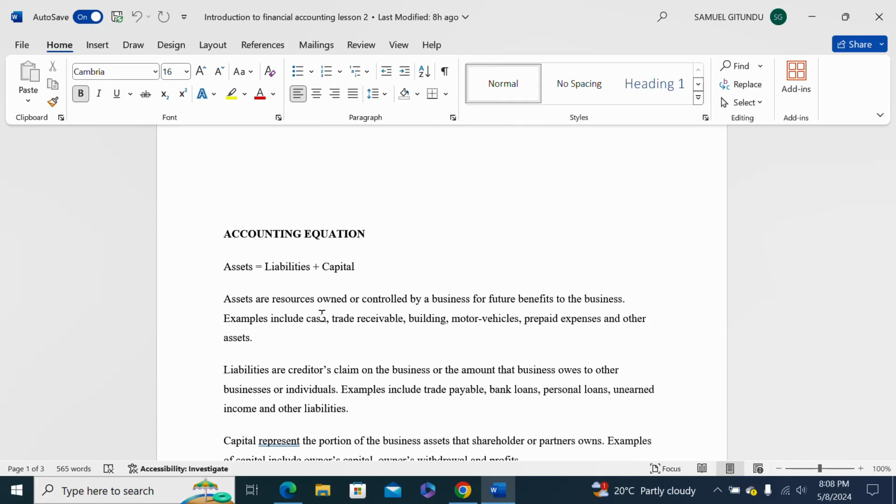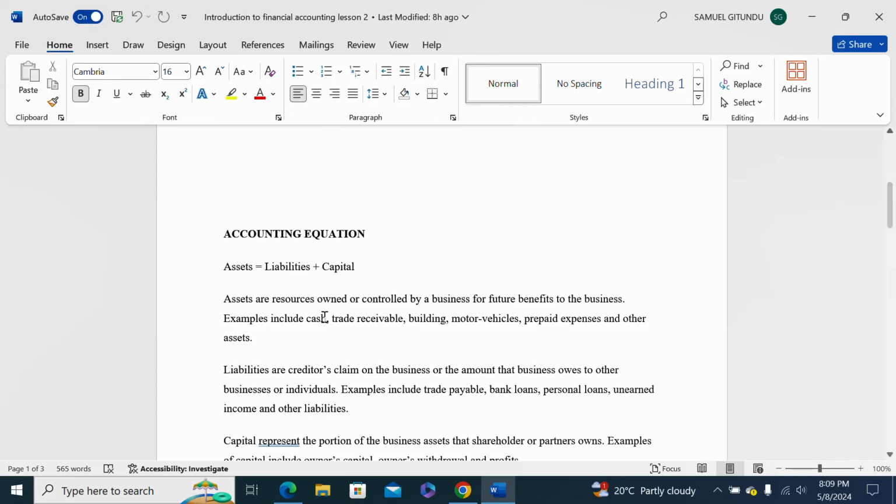If a business owns cash, that cash is for the benefit of the business, because the business can use it to purchase more stock, sell that stock and make a profit. The business can use that cash to pay its employees, and to generate more cash. That is why we say that assets are for future economic benefit to the business.